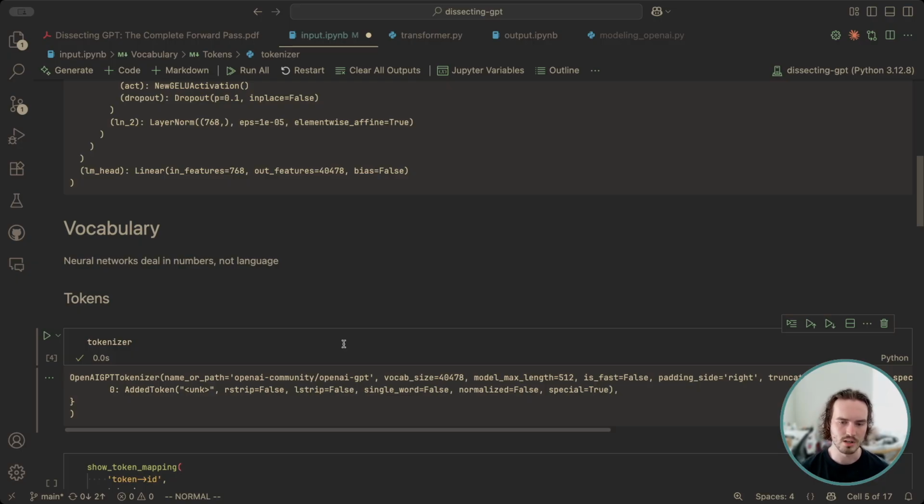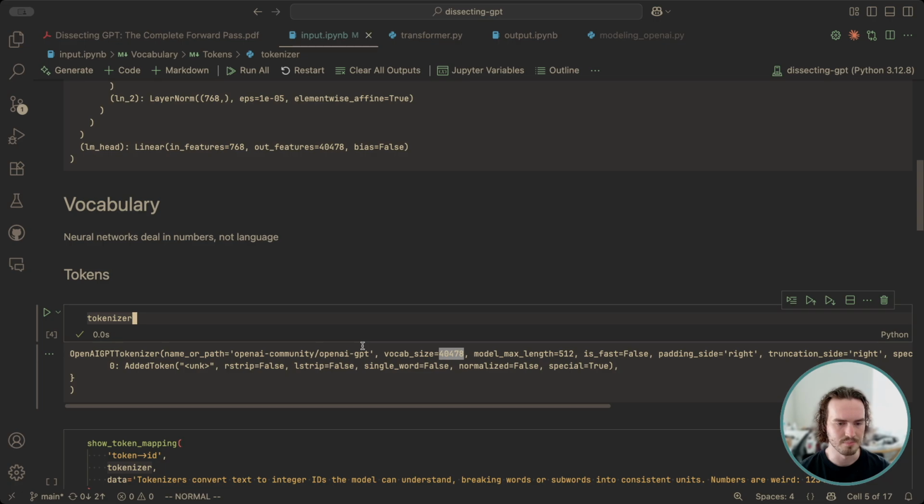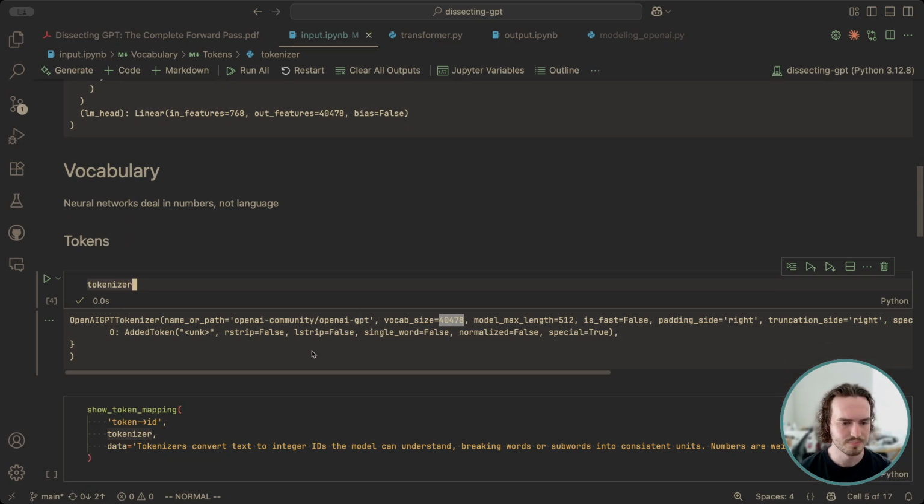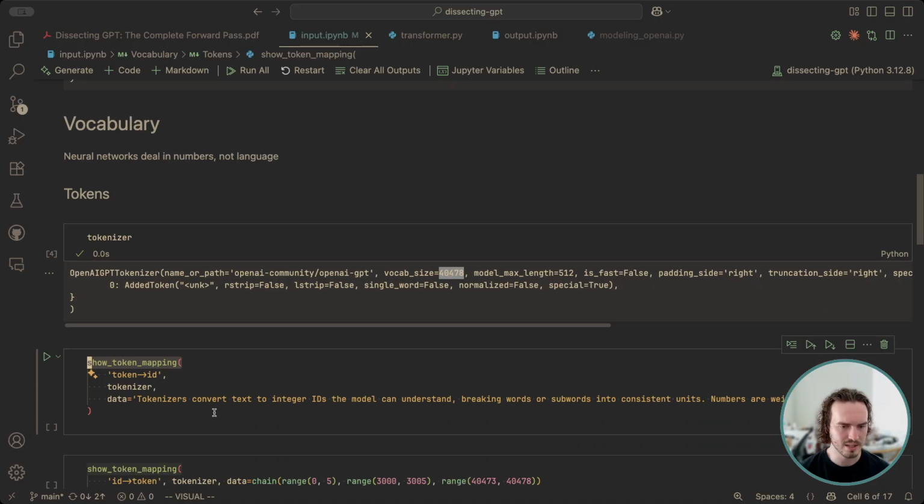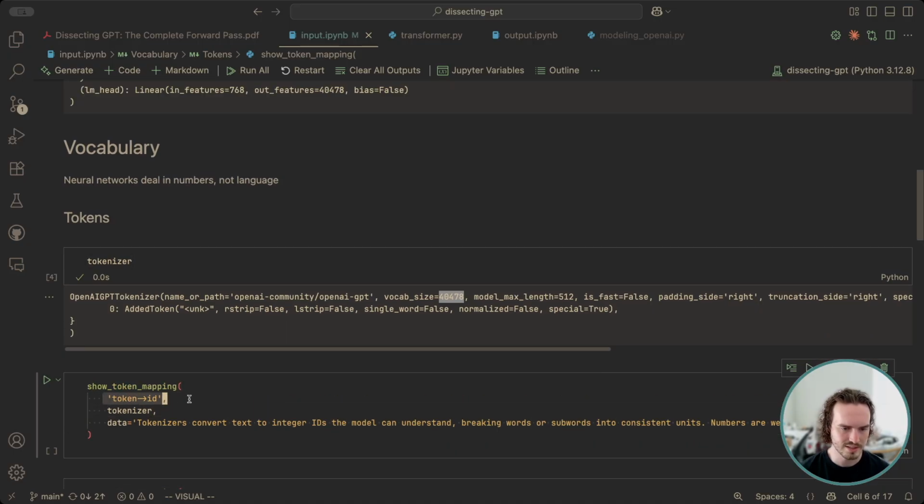And so there are 40,000 units of text that it knows and can turn things into. So I've got this helper, show token mapping. So we're going to be going from tokens to their IDs, passing the tokenizer to do so. And then this is our string that we're going to tokenize.